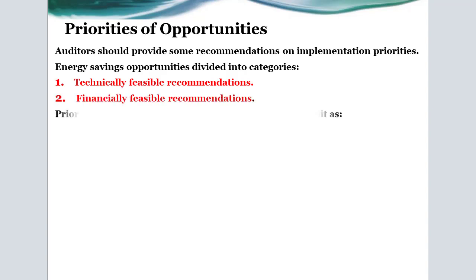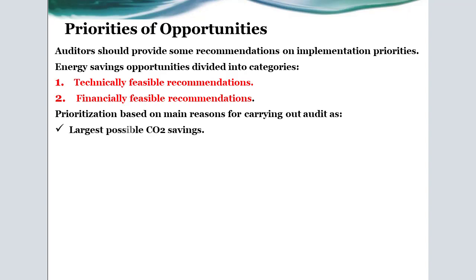So, these recommendations have a priority, and this priority is based on important reasons in order to carry out the energy audit. These reasons represent what is the largest possible CO2 saving. This is the first reason. The second reason, the largest value of primary energy saving in kilowatt hour, of course.